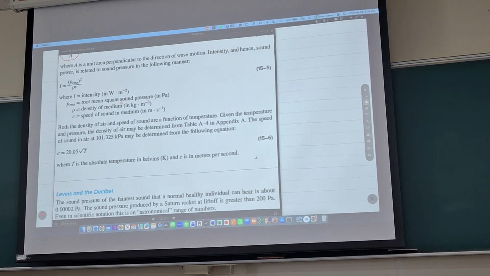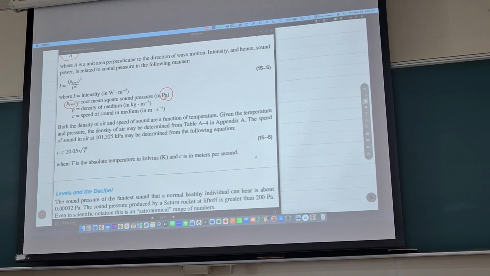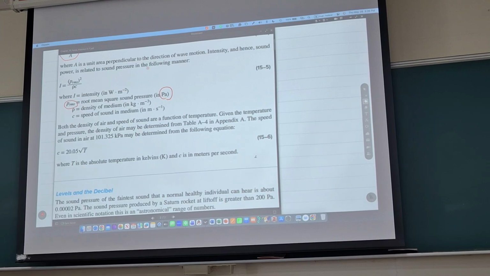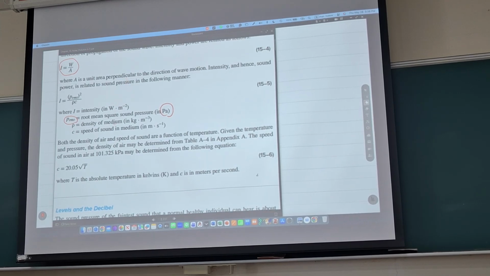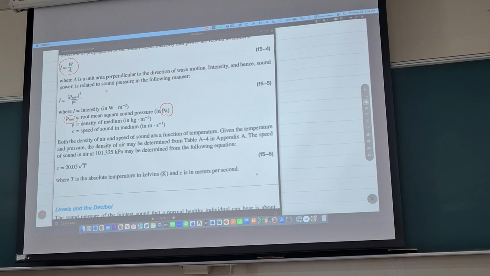P_rms means the root mean square sound pressure in Pascal. Here it tells us the sound intensity is also related to sound pressure.